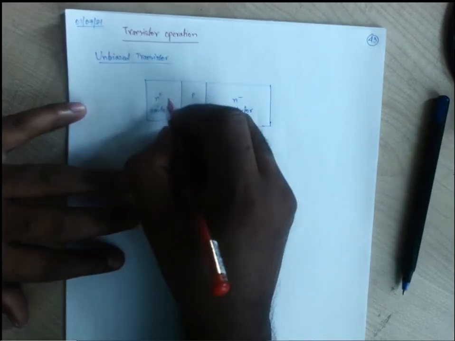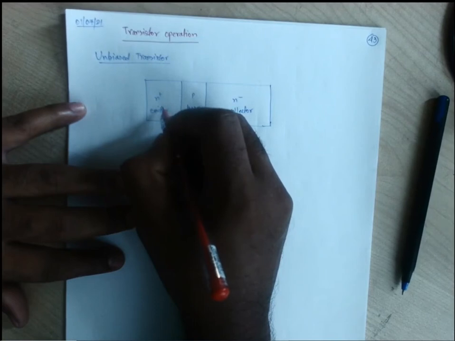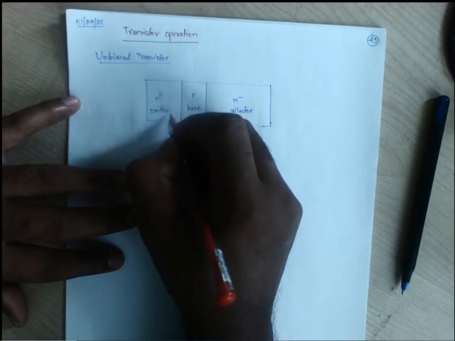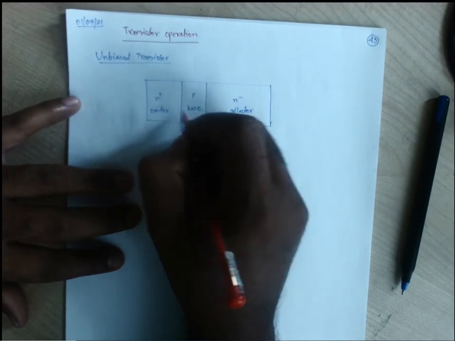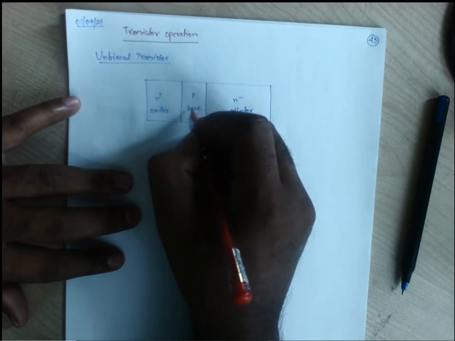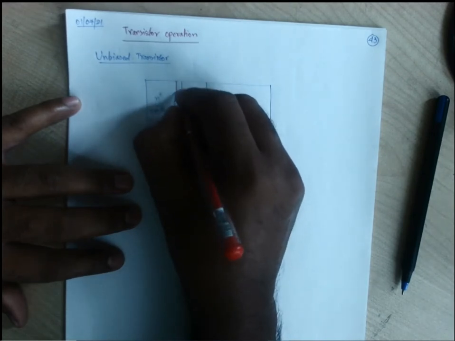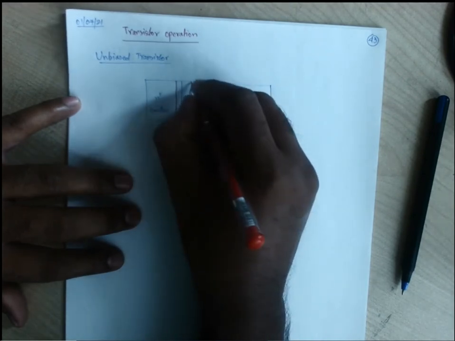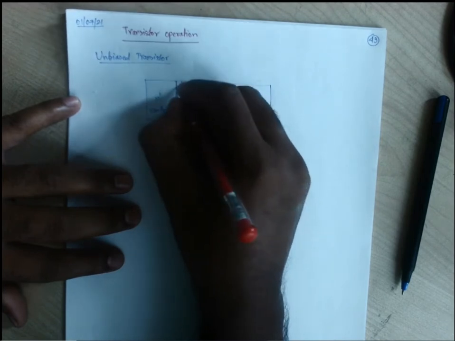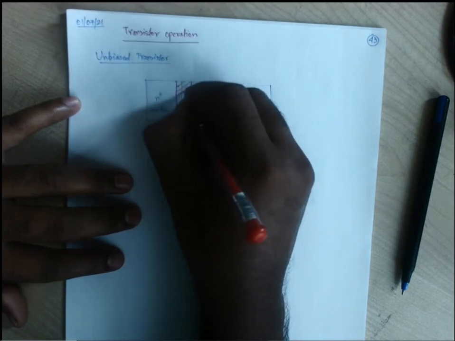As this side is heavily doped, depletion region penetration will be less in the heavily doped region, whereas the depletion region penetration will be more in the lightly doped region. So if we have this much penetration, obviously the base will have the highest penetration.